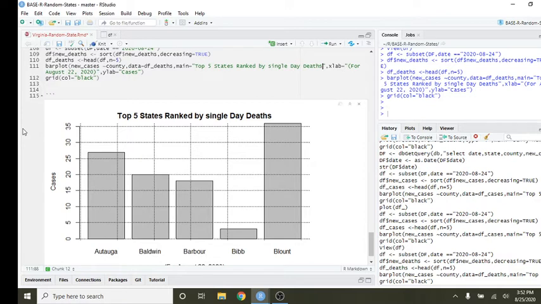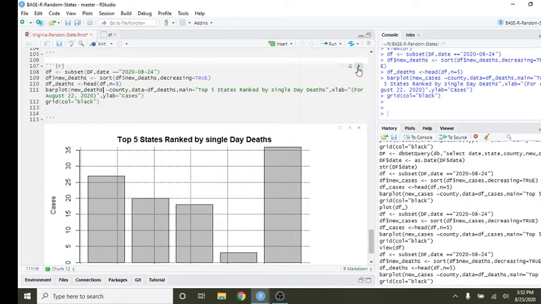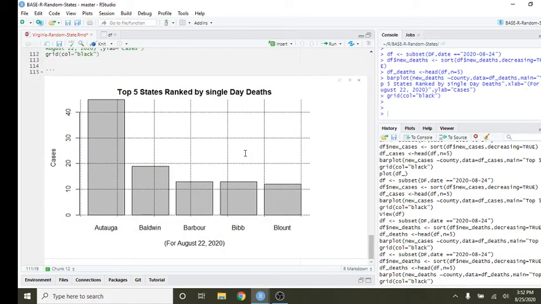Well, if these are for single day deaths, and we're not really plotting them. Oh, wait a second. This is a little better.